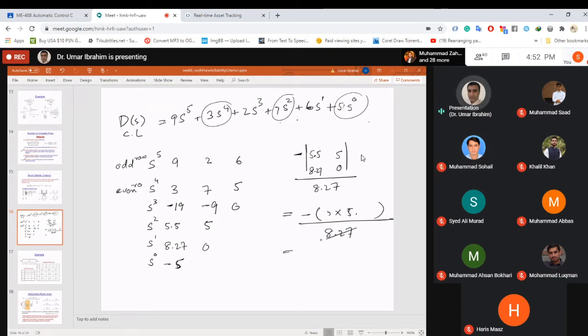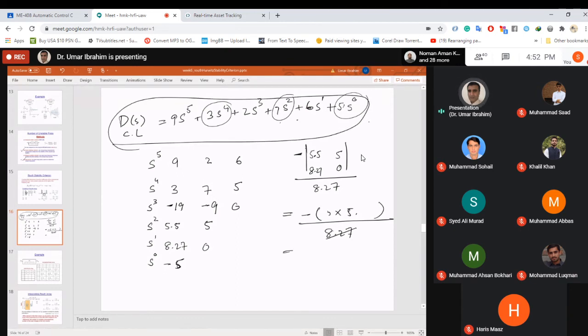This is your part 2. Part 1 was to get the characteristic equation of a closed loop transfer function. Part 2 is to calculate the Routh stability table. This is called Routh-Hurwitz or Routh stability table.